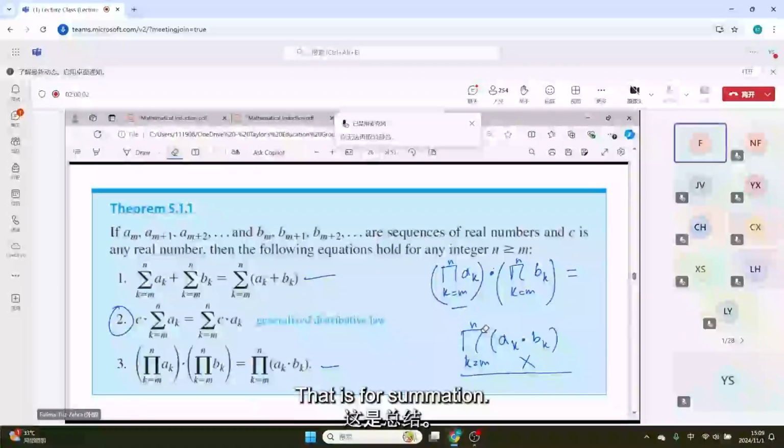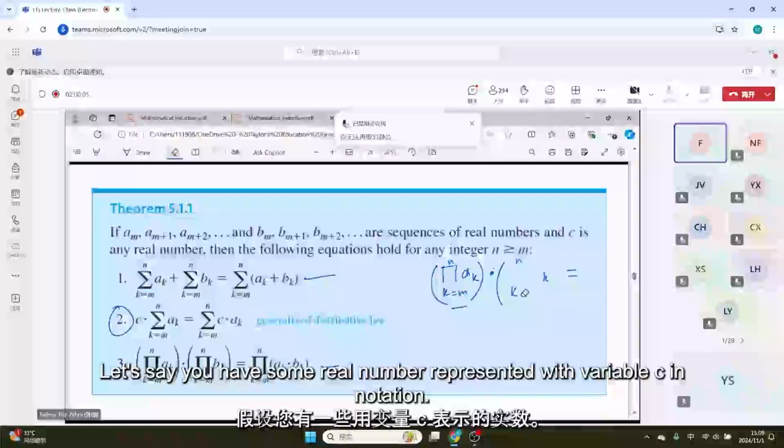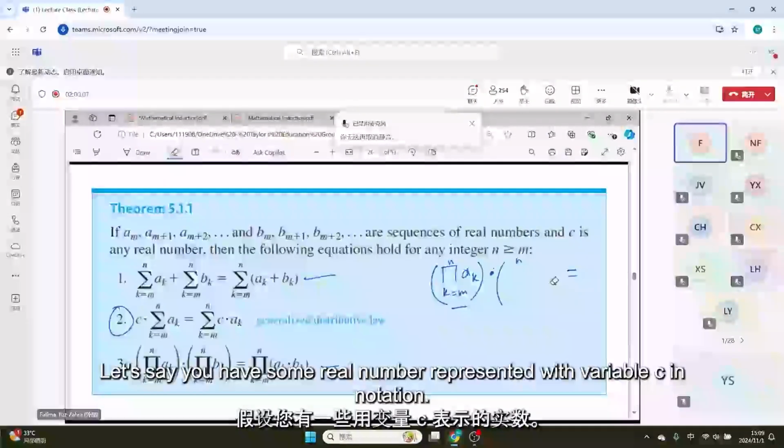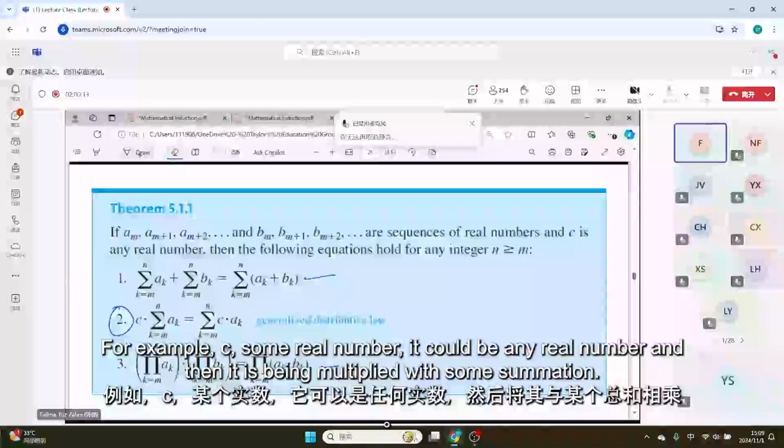That is for summation. Let's say you have some real number represented with variable c in notation. For example, c, some real number, it could be any real number, and then it is being multiplied with some summation.